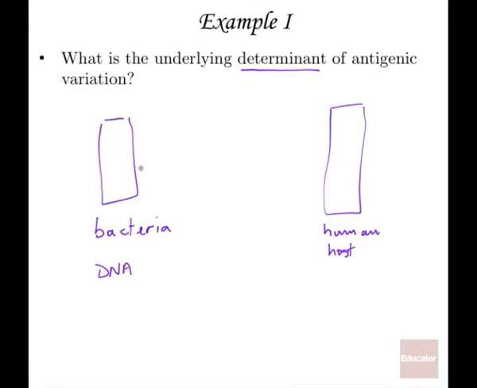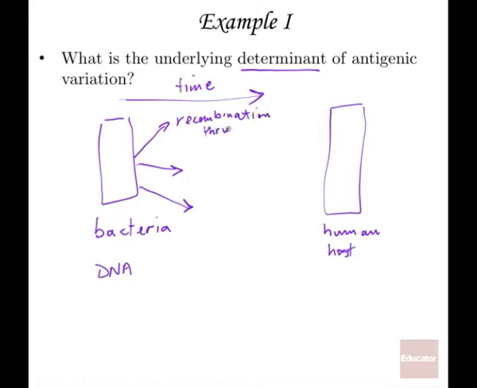So what we can do is we can have the bacteria developing into various strains over time. And what enables that to occur is recombination that occurs through genetic change or through genetic exchange, right?